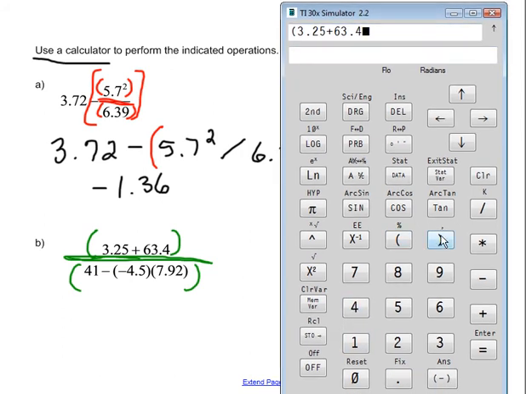Now we're going to close off the numerator, and then we're going to divide by, and now we're going to enter in that denominator again in parentheses. So we have 41. And from that we're going to subtract, then inside parentheses, negative 4.5. We're going to close those parentheses. That's being multiplied to 7.92.